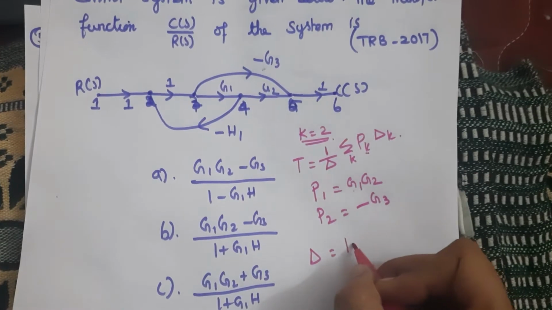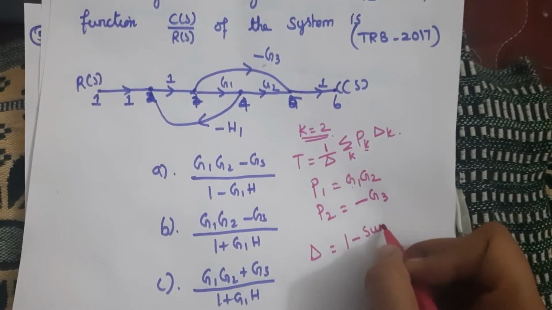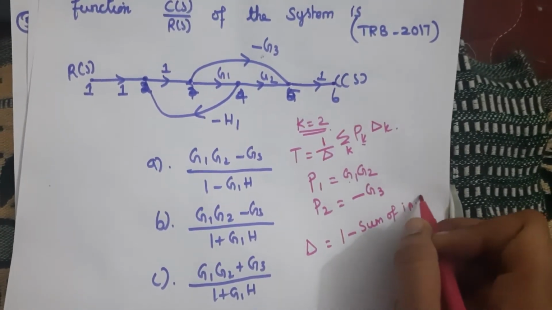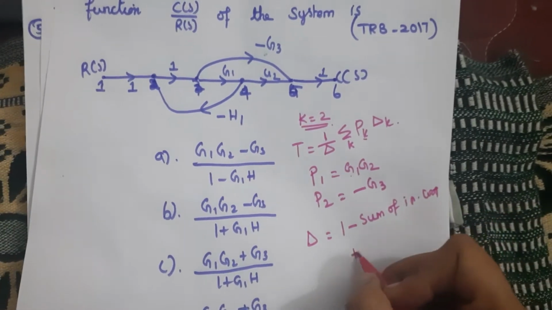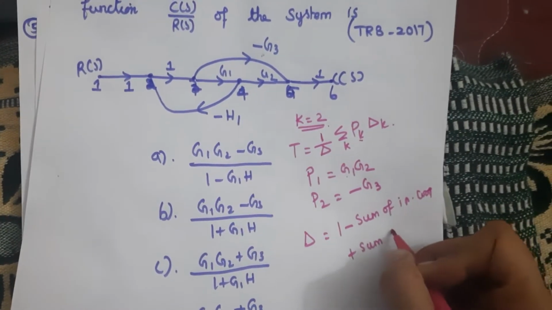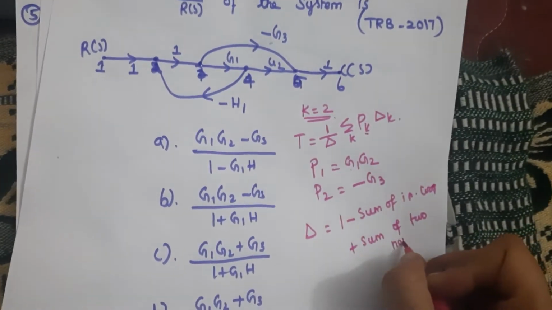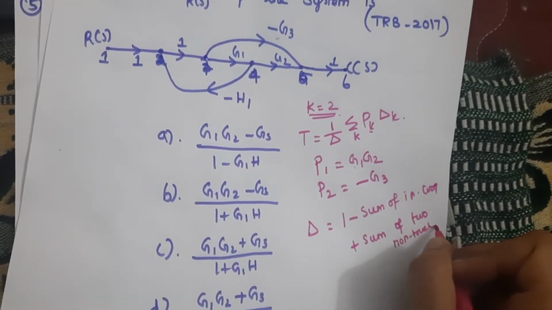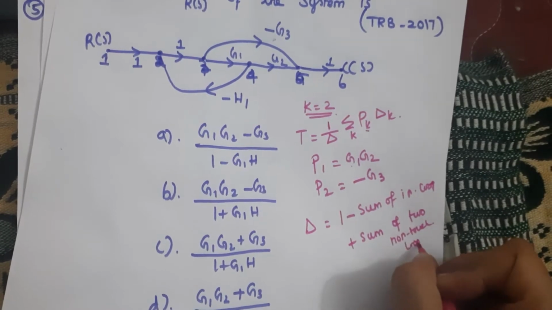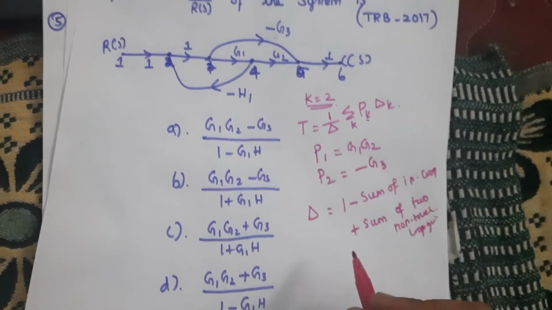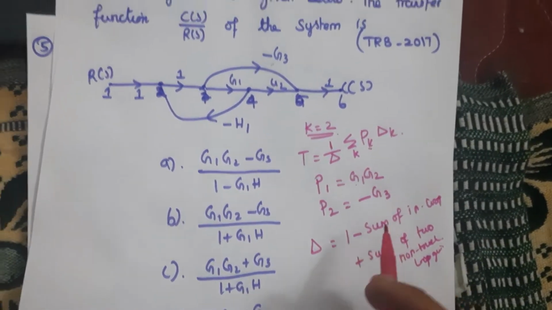Del is equal to 1 minus sum of individual loop gains, plus sum of two non-touching loop gains. So now we have to find the individual loops.